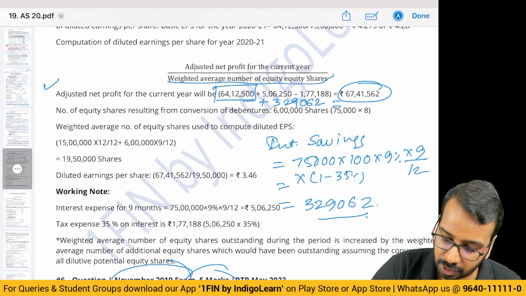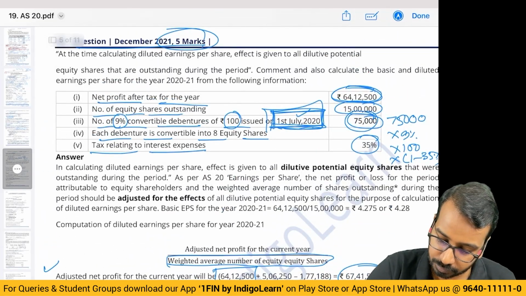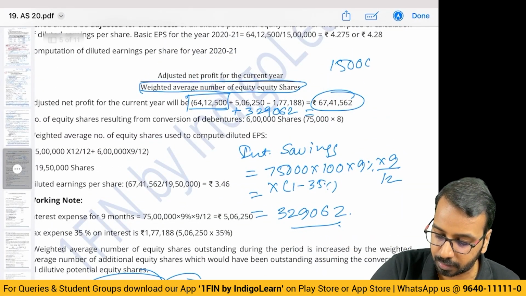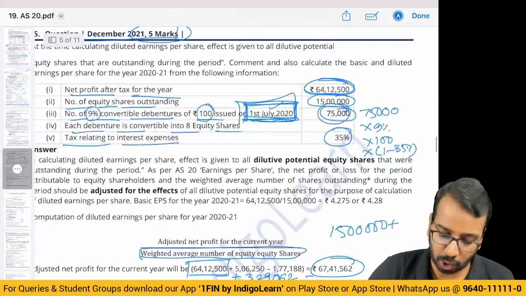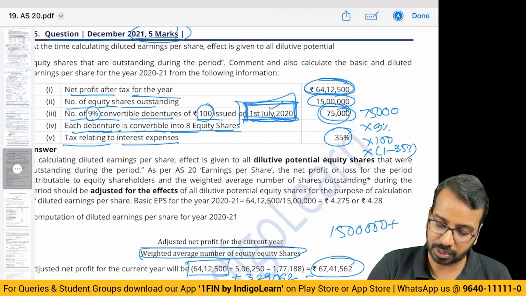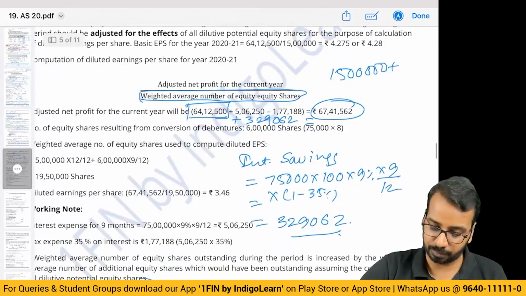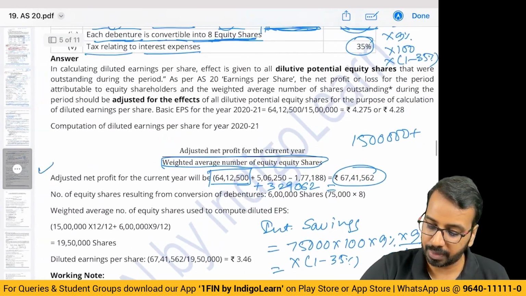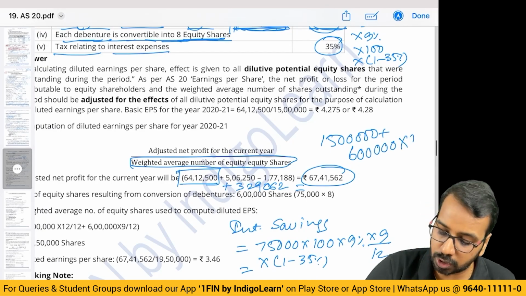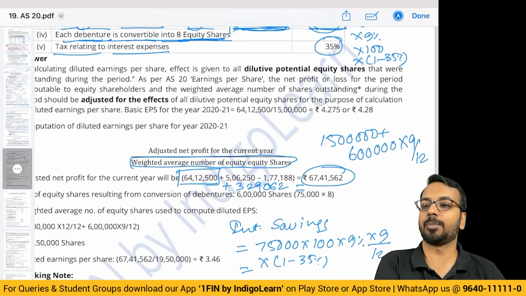Now in the weighted average number of equity shares also, what you have to do is you have to take 15 lakhs for the full period plus how many debentures? Each debenture is convertible into 8 equity shares. 75,000 multiplied by 8, that is 6 lakhs. Okay, plus 6 lakhs, this also into 9 by 12. This we will not take from the beginning of the reporting period.